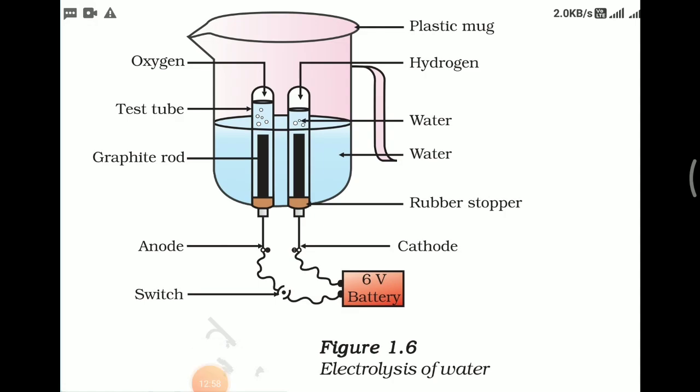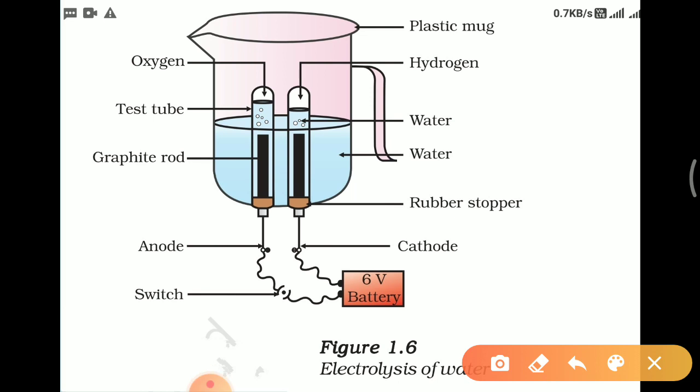Now we will study some more examples of decomposition due to electricity. Here we will take a plastic mug, then drill 2 holes at its base and fit rubber stoppers in these holes. Insert carbon electrodes in these rubber stoppers as shown in the figure. Connect these electrodes to a 6-volt battery.